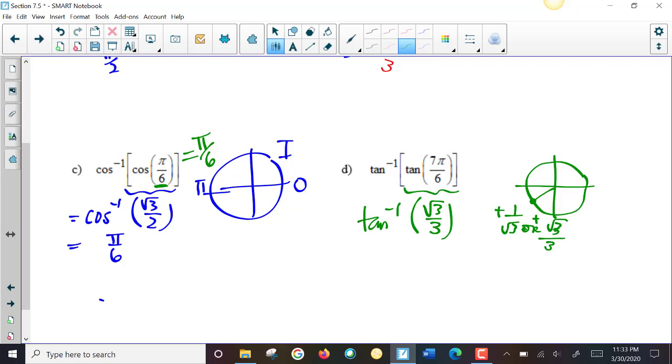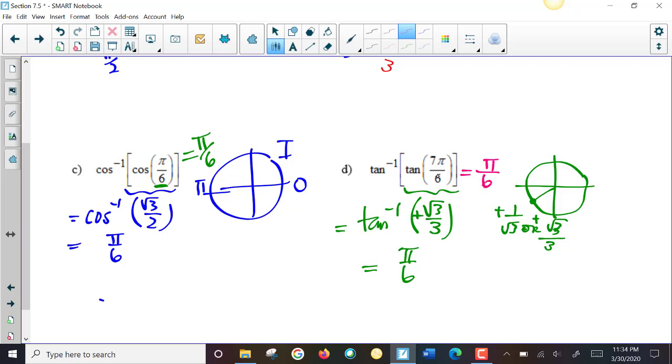What's an angle in quadrant 1? Because inverse tangent is positive, that's quadrant 1. Whose tangent is square root of 3 over 3? Well, that's going to be pi over 6. So notice how one did not undo the other.